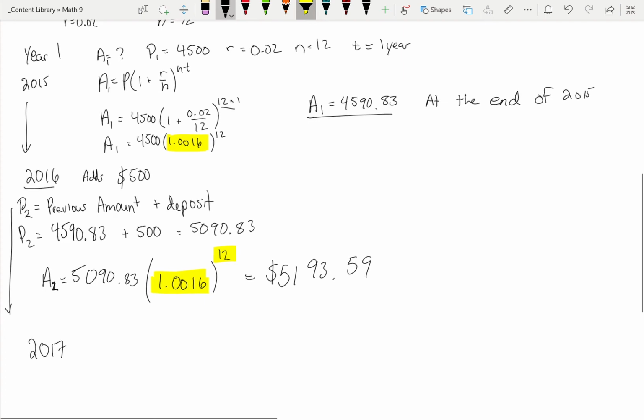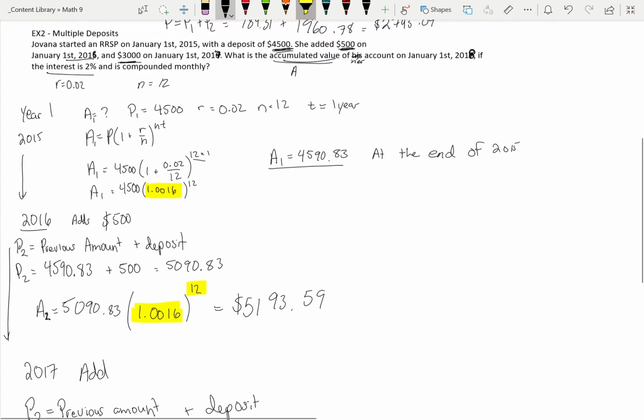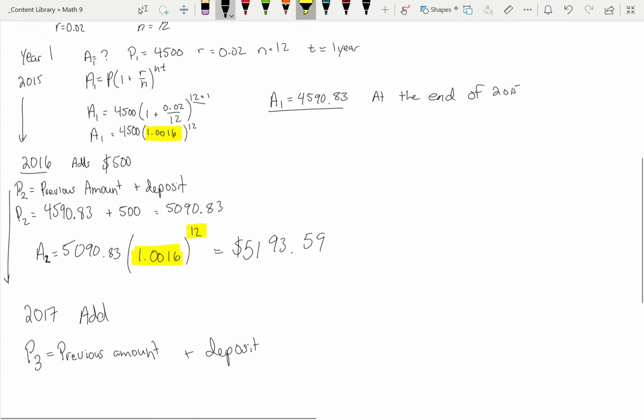So then lastly, for this one, we get to 2017. There is a new principal, which again is this previous amount plus deposit. And in this case, Jovina adds $3,000. So a large chunk of money.